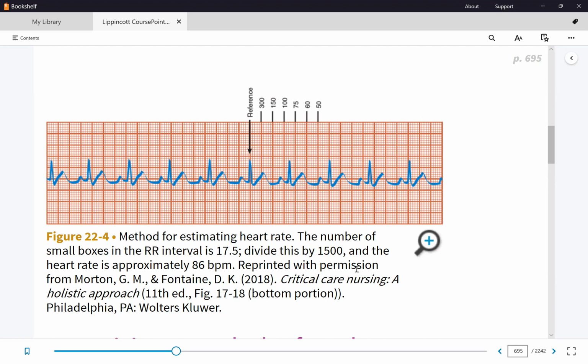What did I say? Okay, so you can only use this method if the rhythm is regular. Now, when I say regular rhythm, I don't mean sinus rhythm, because a normal rhythm is called normal sinus rhythm. By rhythm, I mean, you know, music, right? Have you heard your favorite song? Either the drum or the guitar has a rhythm, yeah?